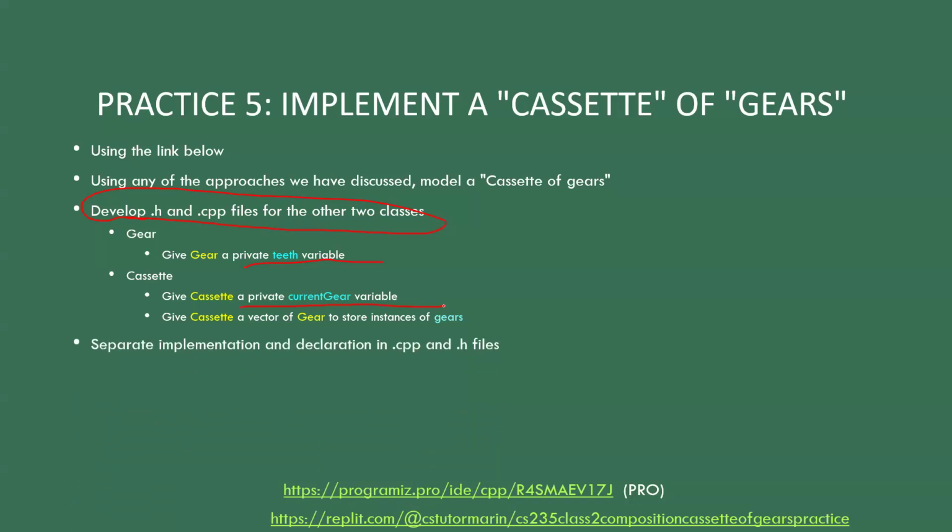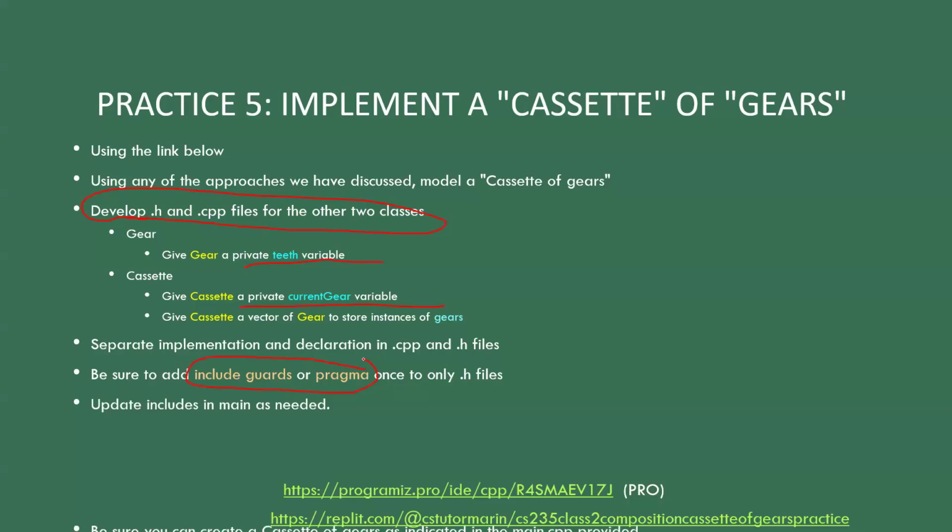And we're going to need to separate these things out into the .h and the .cpp files. I'll show you the code here because I know it's a lot. Use your include guards as well. This is standard procedure for where we're going in this class. So let me help you out with that.